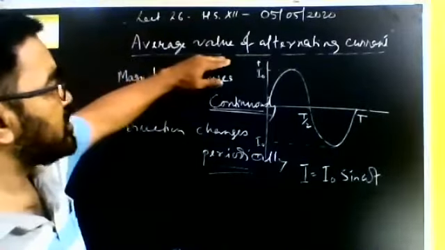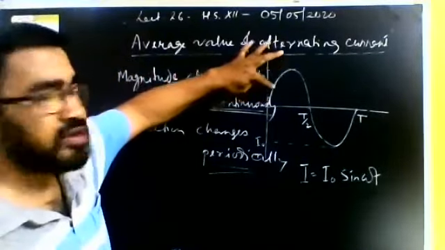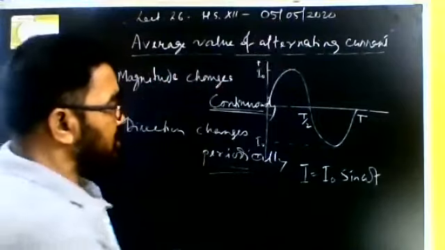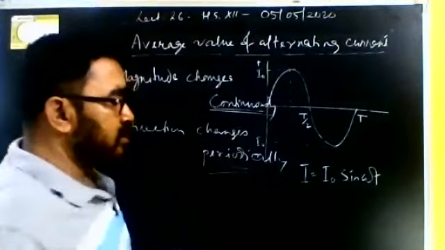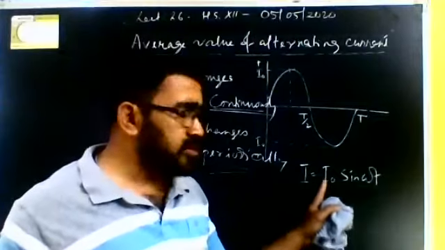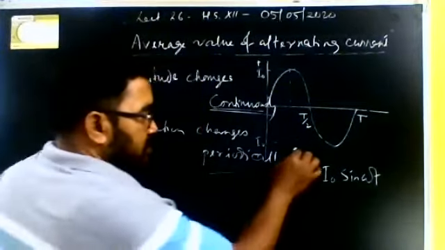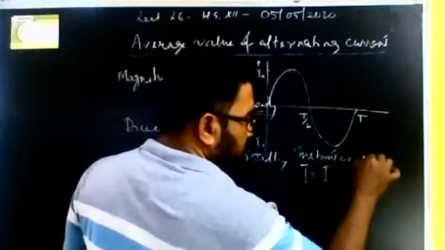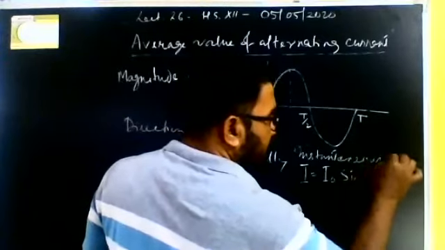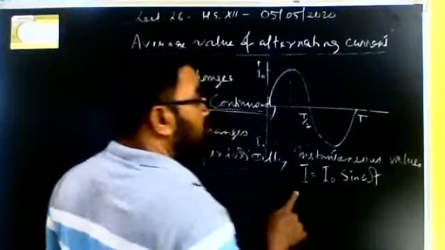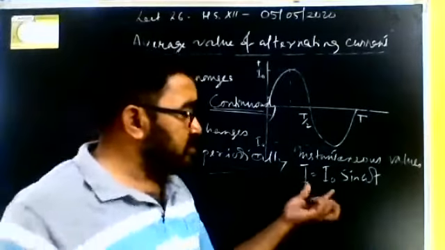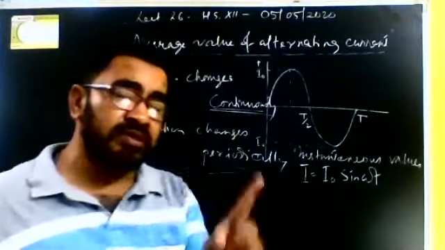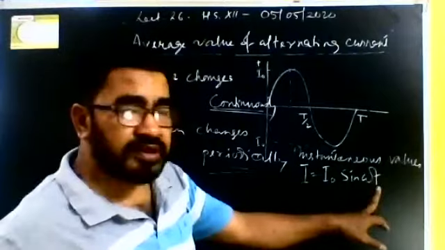We have to find out the average value because the value is not constant. It is increasing slowly, right? At this particular instant of time, mind it, this is the instantaneous value of alternating current. This is the current for a particular instant, for a particular value of time t.